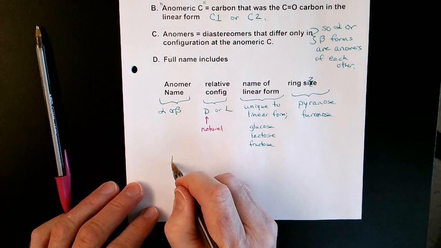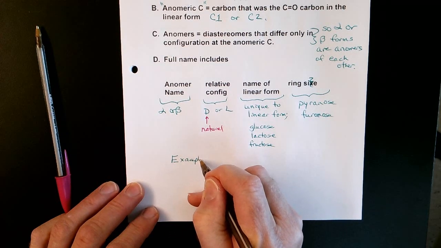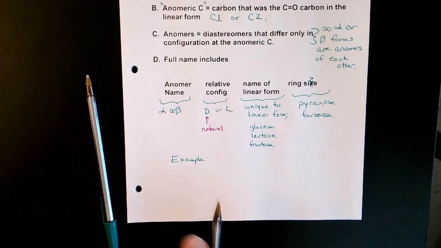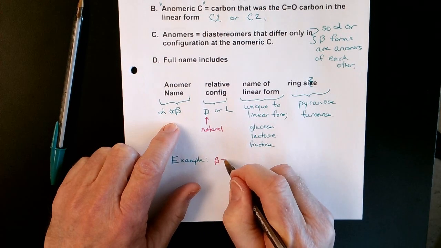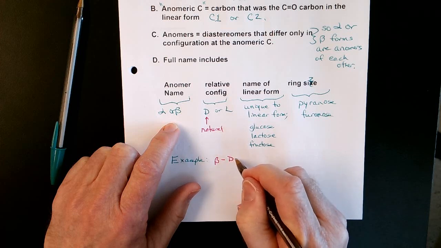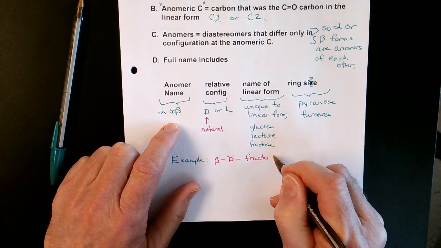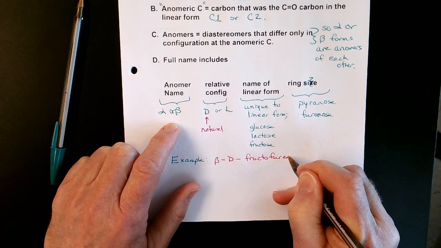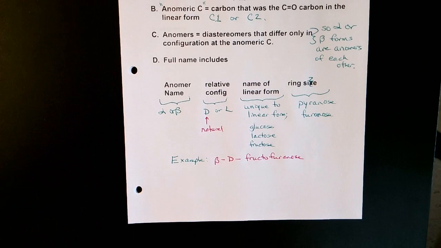Okay, so let's pull together an example or two. An example, I use this. I'm going to start it here, beta, and then D for the natural one, fructo, furanose. Okay, so that's telling us a story.